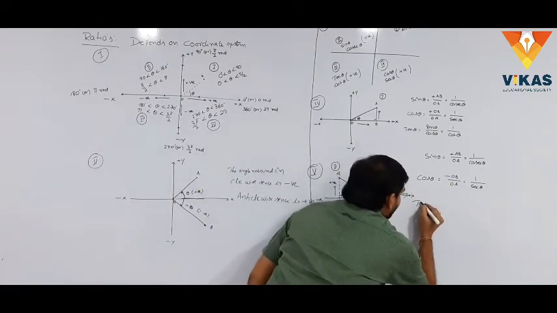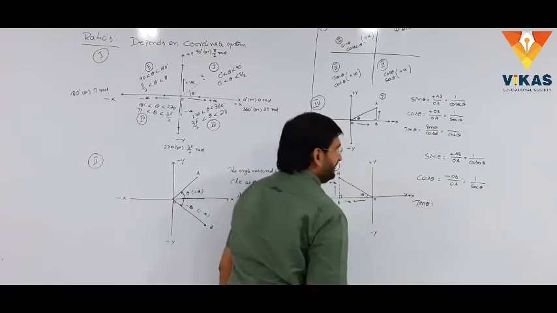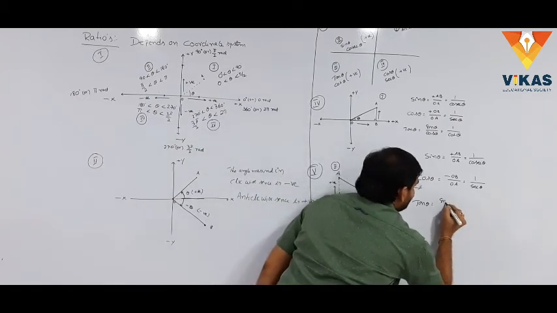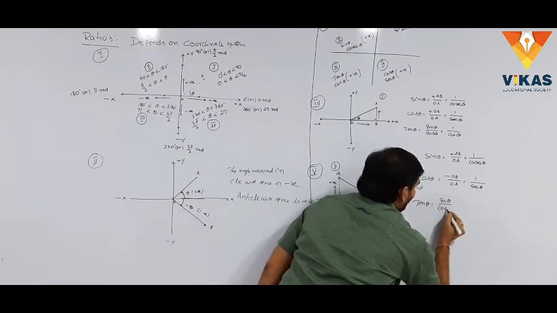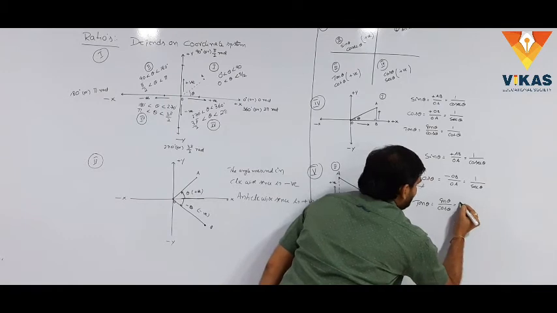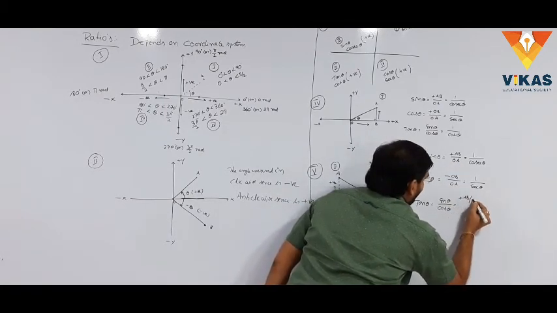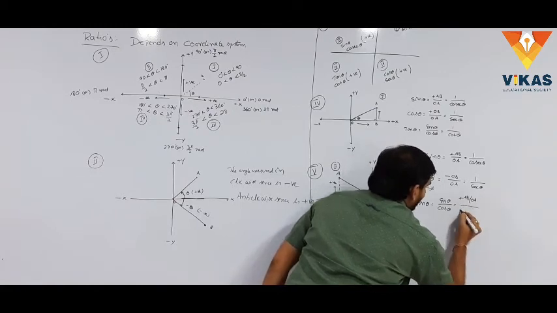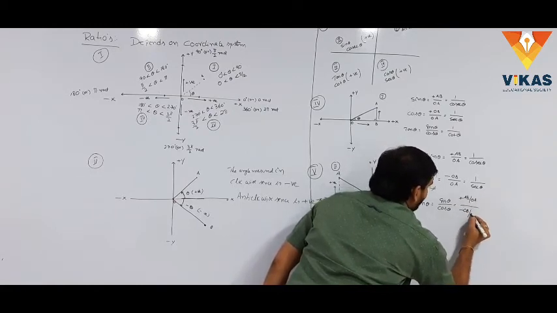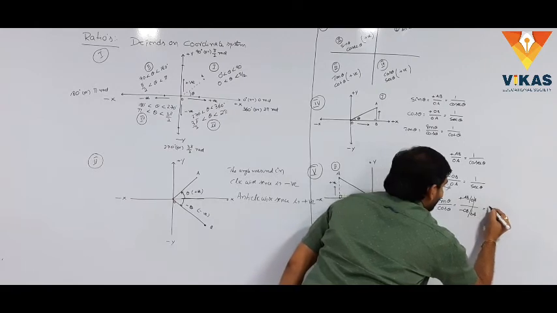Similarly, we take tan theta. What is the formula for tan theta? Sin theta by cos theta. If sin theta is positive, simply plus AB by OA, and cos theta is minus OB by OA, they will cancel.